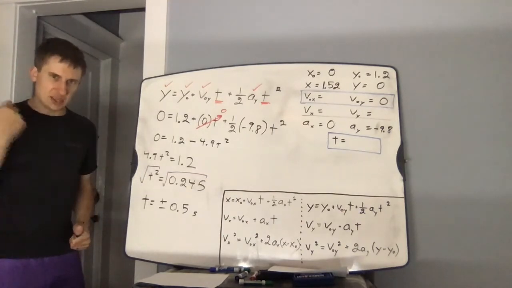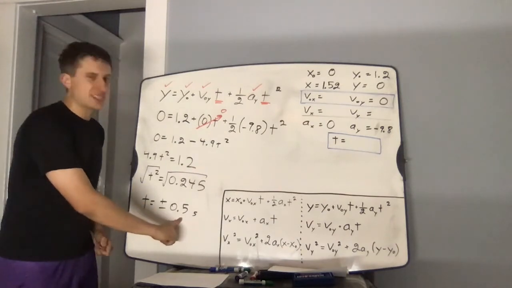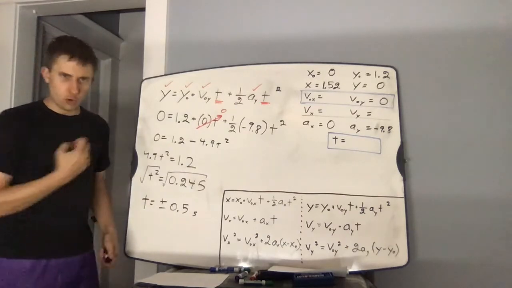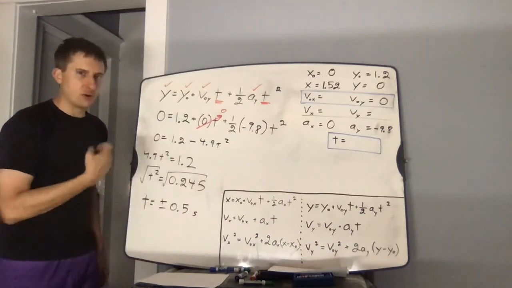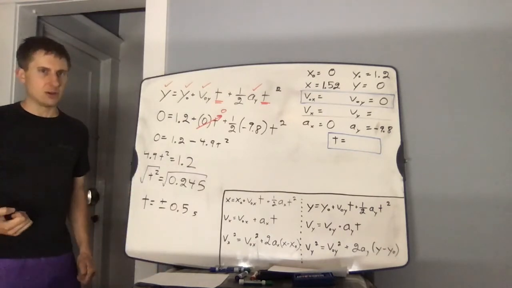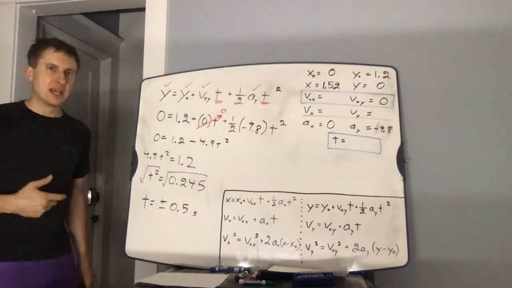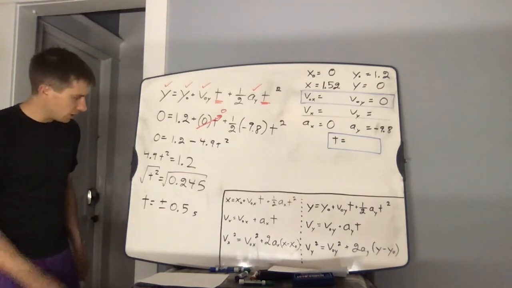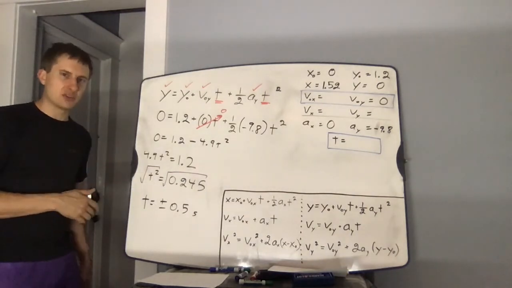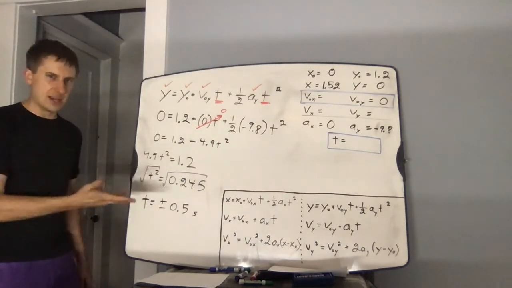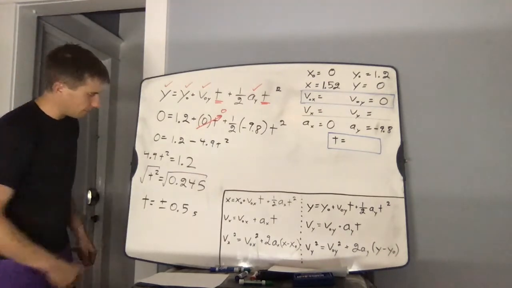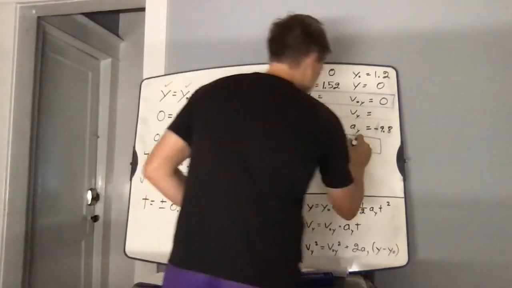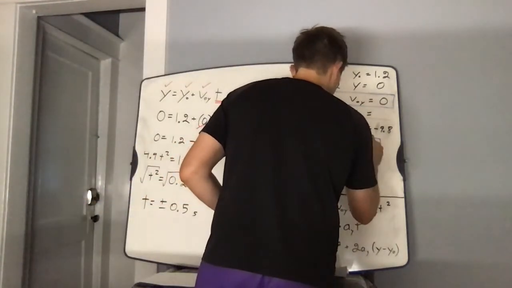Does the ball hit the ground 0.5 seconds after it rolls off the table, which is the positive solution, or does the ball hit the ground 0.5 seconds before it rolls off the table? That would represent the negative solution. The negative solution makes no physical sense. You won't hit the ground before you roll off the table. So even though I have two mathematical solutions, I will throw the negative solution away as being unphysical. So I could say the time that the ball hits the ground is 0.5 seconds.